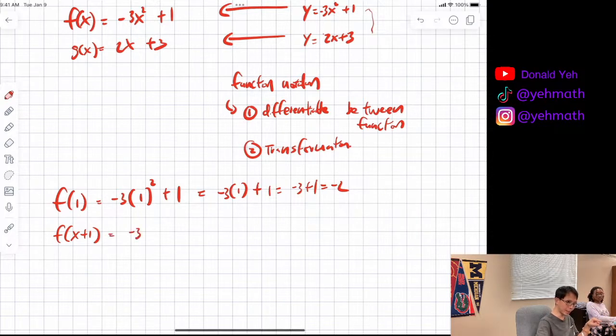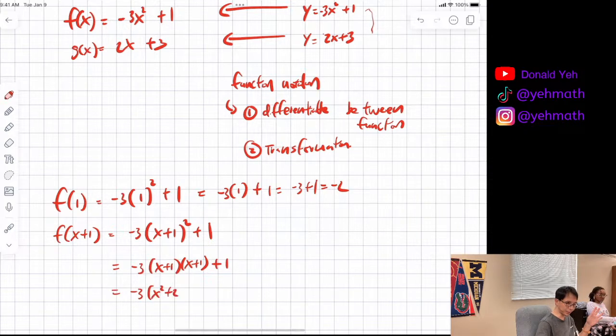So then that's going to be -3 times x plus 1 squared plus 1. And that's -3 times x plus 1 times x plus 1. Don't say that's x squared plus 1. It's not. You're going to expand this and follow the order of operations. So that's going to be x squared plus 2x plus 1, and then plus 1, right?